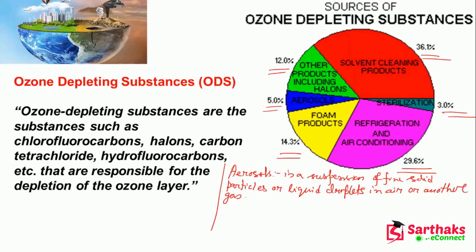Aerosols can be natural or anthropogenic, and examples of natural aerosols are fog, mist, dust, forest exudates, and desert dust. Okay, these are the aerosols.